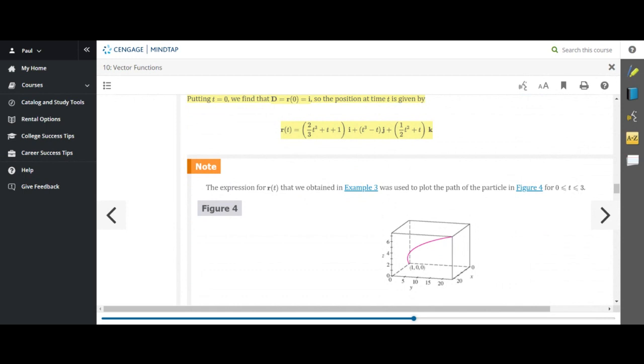You have a function or a MATLAB program to help you plot space curves. So you could plot this space curve, no problem, where t goes from 0 to 3.